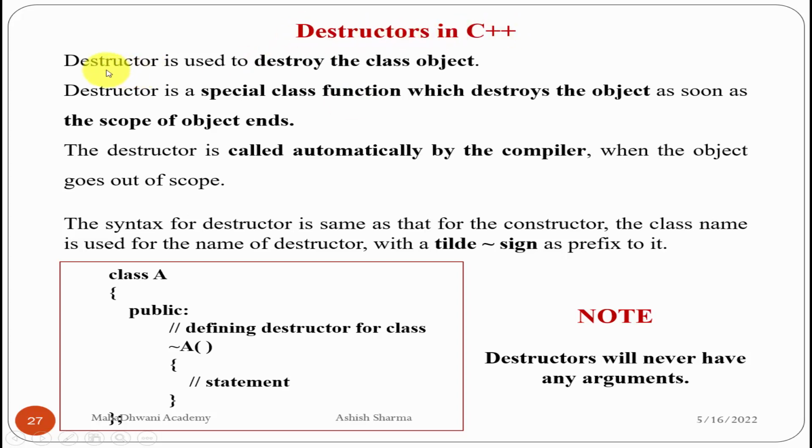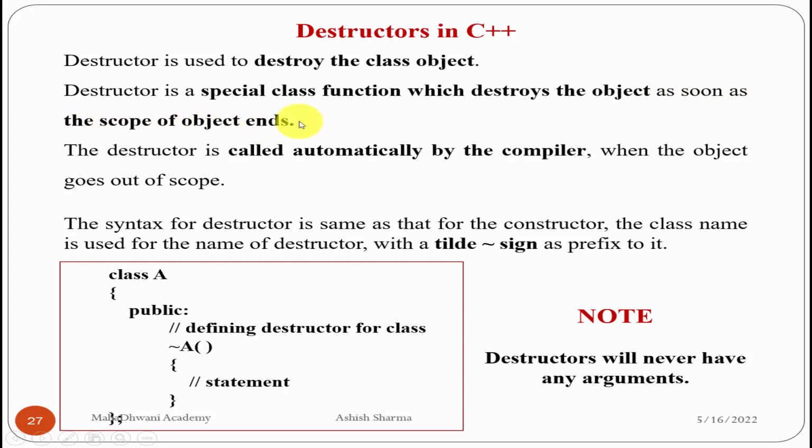Destructors. Constructor is used to create an object, and destructor is used to destroy the class object, to remove the object. So destructor is a special class function which destroys the object as soon as the scope of the object ends.